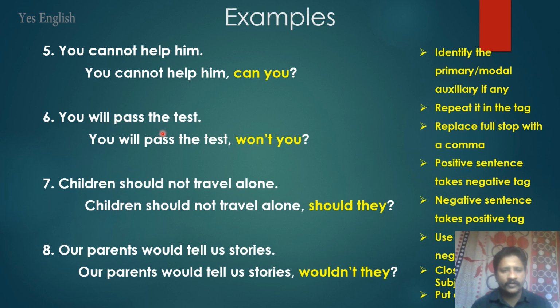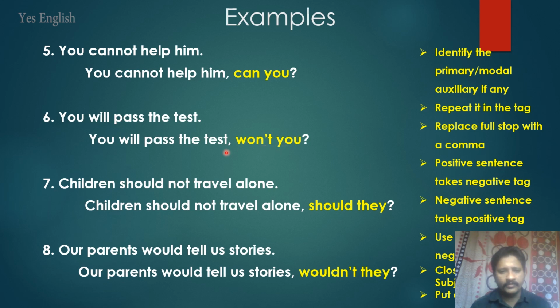We have to use will not because the sentence is positive. So instead of will not, we use the contraction. Short forms like isn't, wasn't. Will not does not come as willn't. Instead it has to be written as won't.